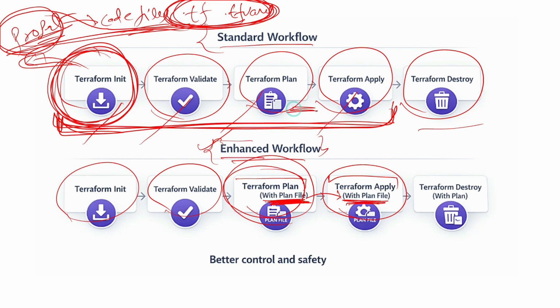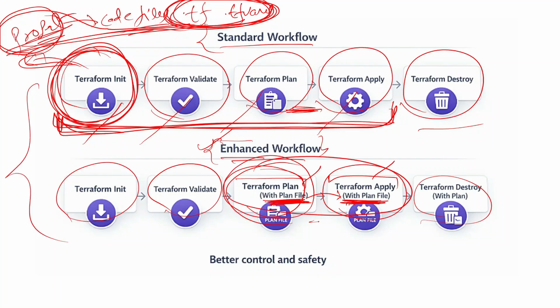In the standard workflow we are not creating any plan file, but here when we are executing the plan and apply, we are creating the plan file. We will understand the benefit of this plan file in detail in the plan and apply section. And again, if you want to destroy, you can run the Terraform destroy. So this is the standard workflow we always follow during the execution of Terraform.